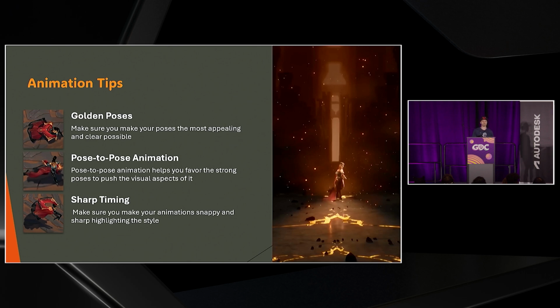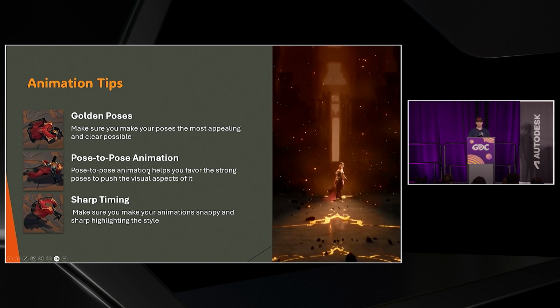So I don't need to worry too much about readability or the character being specific. This helps on stylized animation because you can push more of the line of action, the silhouette, and the character personality.